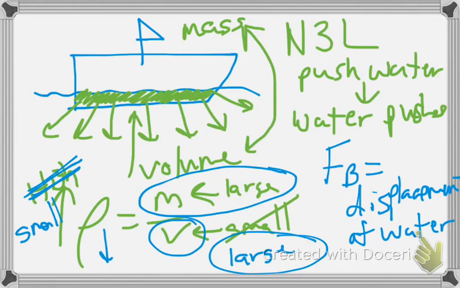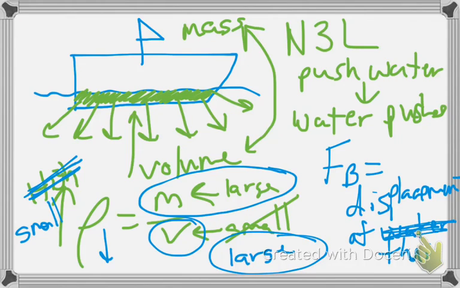I should say fluid here, not just water, whatever the fluid is. It's whatever fluid is there and how much of it you're displacing. So it does have to do with the size of the object, but not really the mass of it. You can have something really small and sink, even if it's really light, or you can have something really large and heavy and still float.